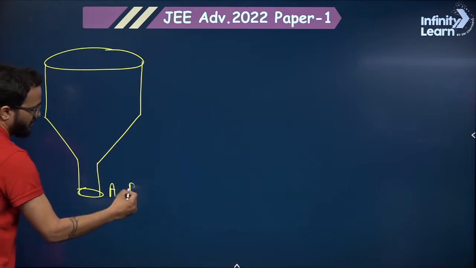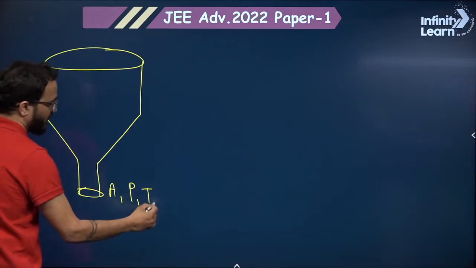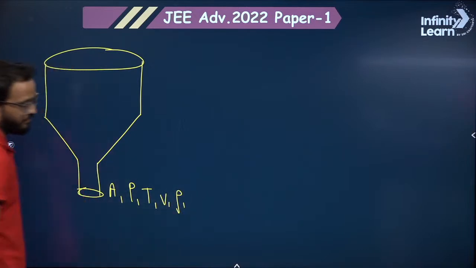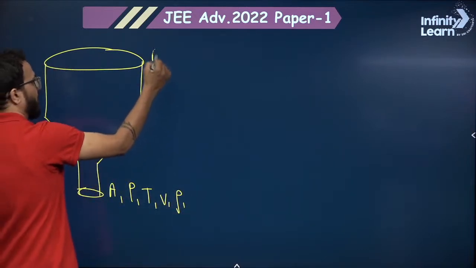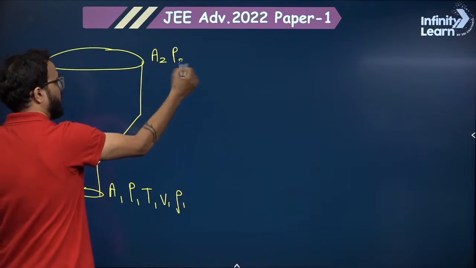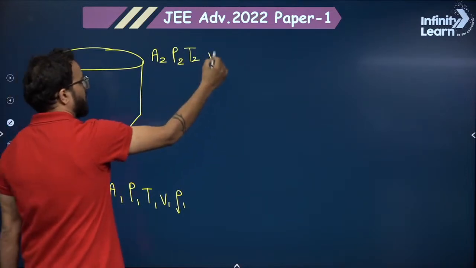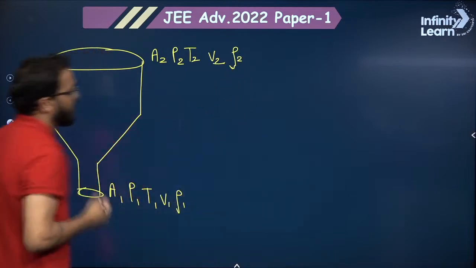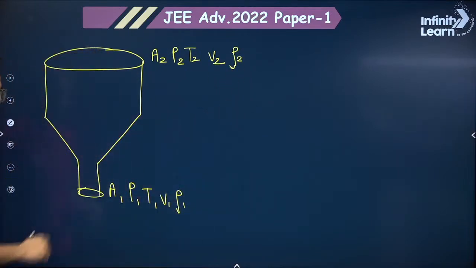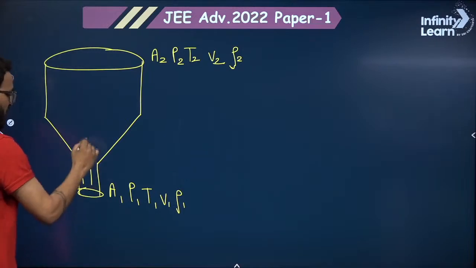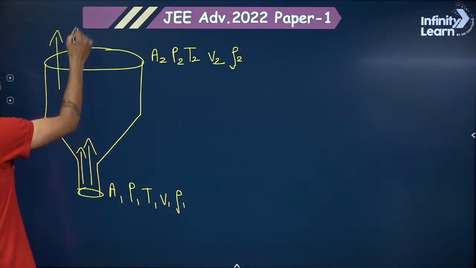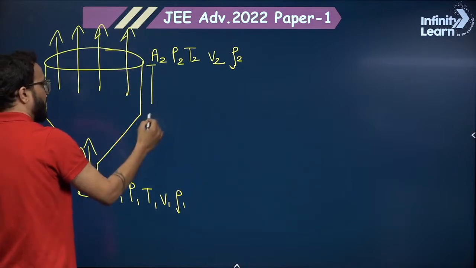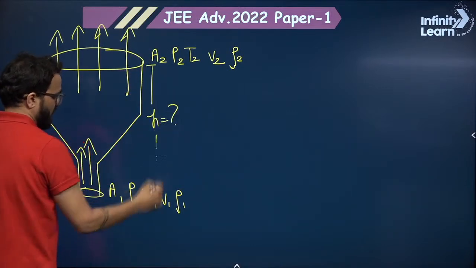Let's say A1, P1, T1, speed V1, density rho 1, and here it will be A2, P2, T2, speed V2 and density rho 2, right? So we have to find out some certain parameters here. It enters and the process is adiabatic, that is the beauty of the question. Now we also have to figure out this height in this question.